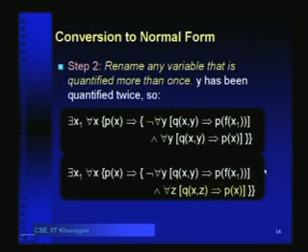Step 2, rename any variable that is quantified more than once. This y has been quantified more than once. See, we have this for all y here, we have this for all y here. Now, this y and this y need not have the same value, because they are separately quantified.